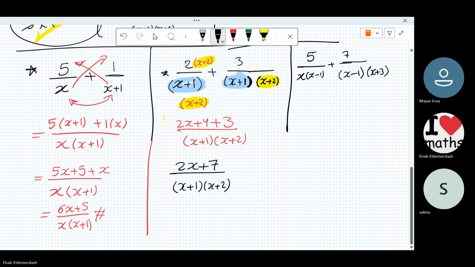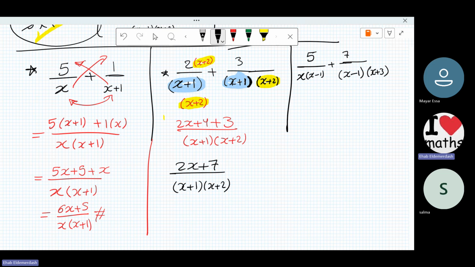قول يا فندم. حلو. ده في الدينومينيتور it's the same factor, keep it. مين الفاكتور اللي ما كانش موجود عندك على الليفت سايد يا فاطمه؟ الاكس بلس 2. اكس بلس 2 ده اللي ما كانش موجود على الليفت سايد فهو ده اللي انا محتاج ان انا اعمل له multiply مع الليفت سايد down and up عشان اخليهم يبقوا نفس الدينومينيتور.